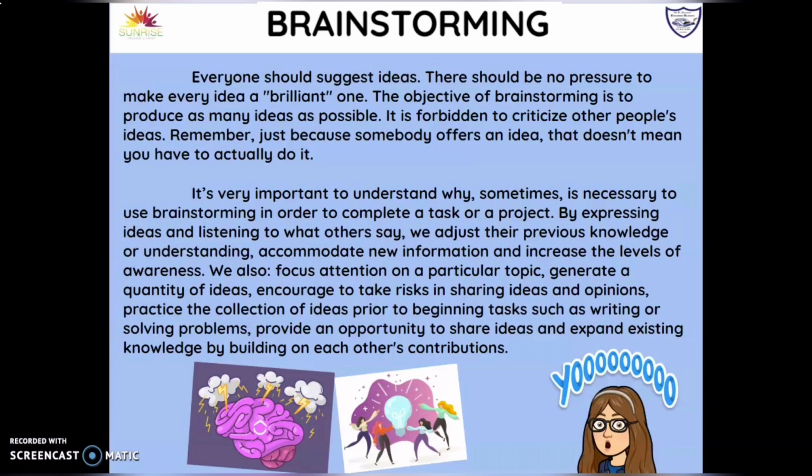So it's very important to understand why sometimes it's necessary to use brainstorming in order to complete a task or a project. By expressing ideas and listening to what others say, we adjust our previous knowledge and understanding, accommodate new information, and increase our levels of awareness. It's very important that you understand that the last contents that we were talking about are building up to a major content.